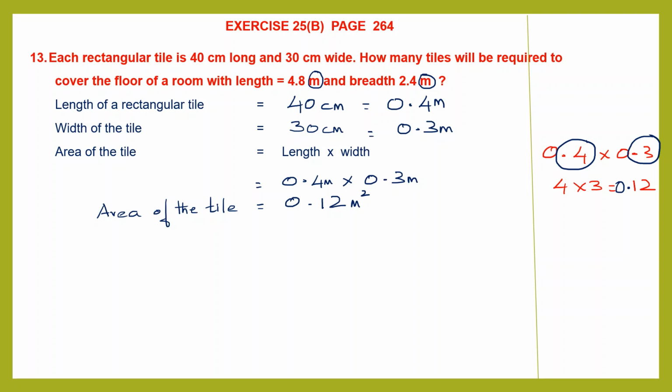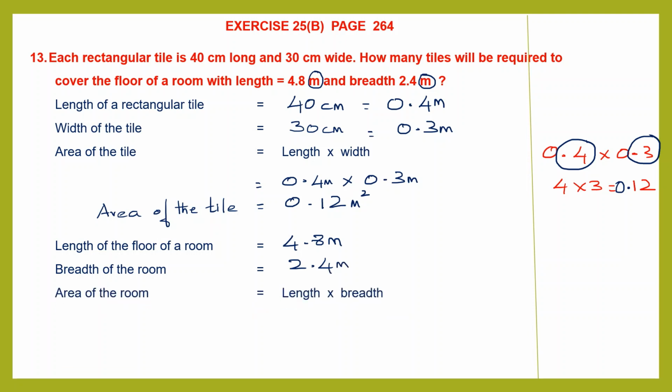Now we have to find the area of the floor. Length of the floor of a room is given to us as 4.8 meters. The breadth of the room is given as 2.4 meters. The area is length into breadth, which is 4.8 meters into 2.4 meters.